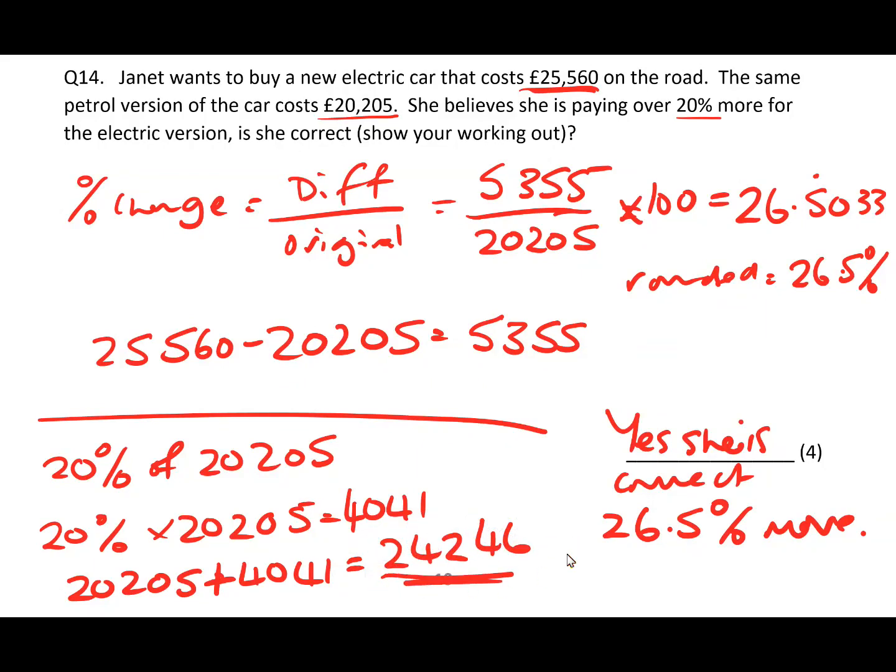So another way of showing this one is to say, well, 20% would be £24,246, and she's paying well over that. So it's got to be above 20%. So there are several ways of answering this question.